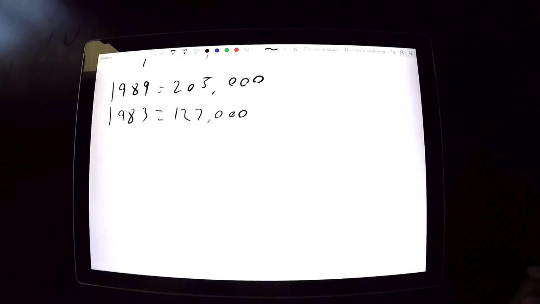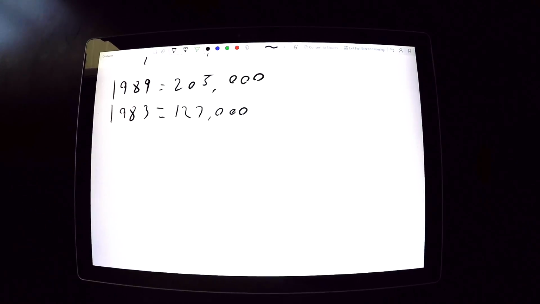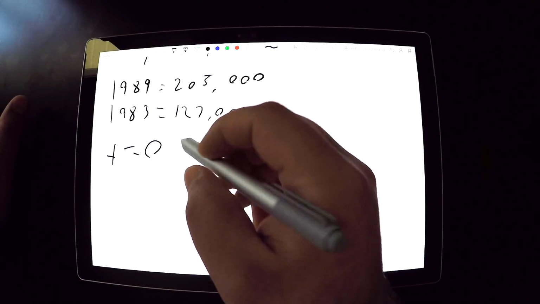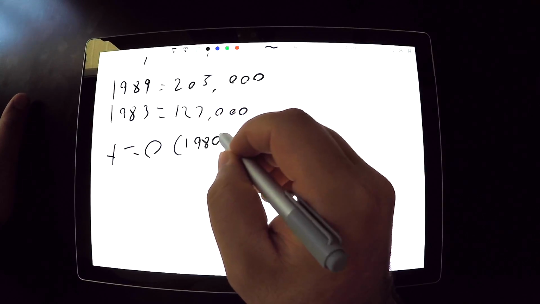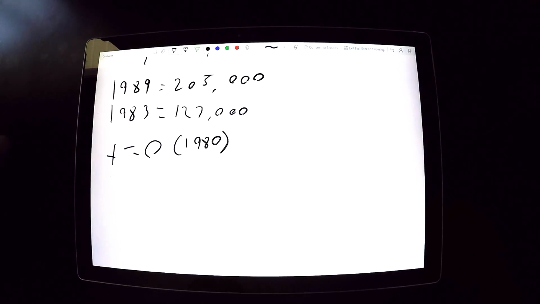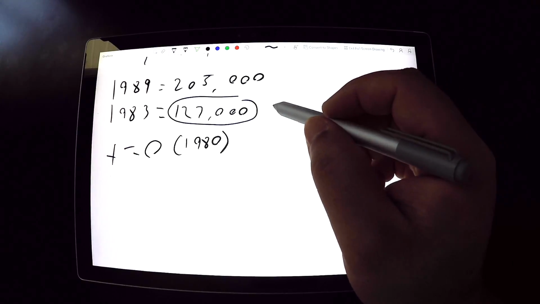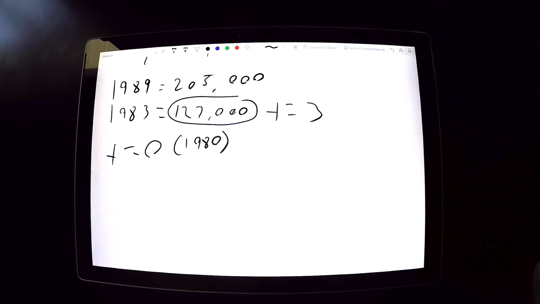So what we have to do is find an equation for the population of the city at any time t, where t is the number of years after 1980. So the solution would be, we do not know the population of 1980. So t is right now equal to 0 for 1980. We know the population in 1983 was 127,000, so t equals 3.